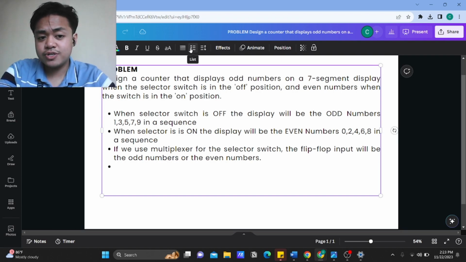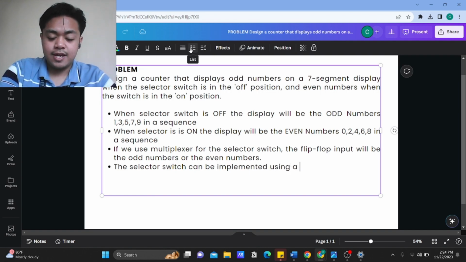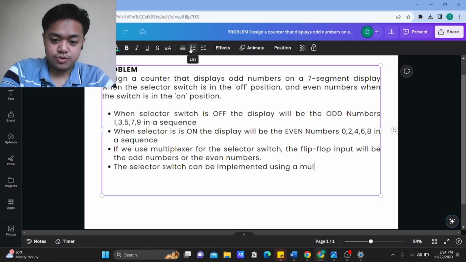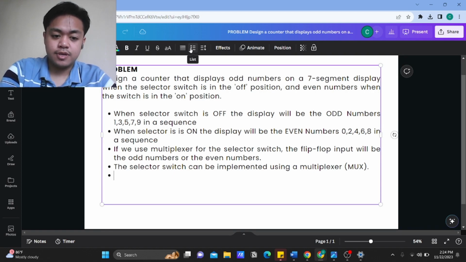Next analysis, the selector switch can be implemented using a multiplexer, or MUX.